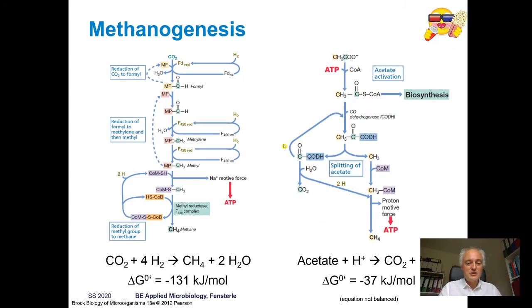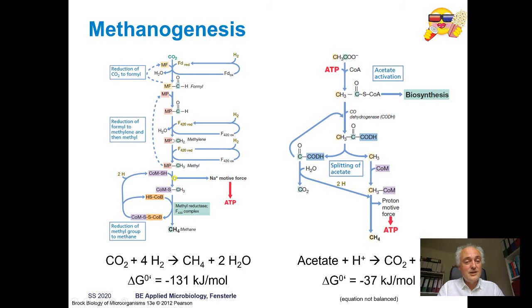This process is very special because, as you remember from our basic microbiology lecture, it only happens in archaea. Bacteria cannot do that. So you start with carbon dioxide, you end up with methane, and of course you have a couple of steps in between, which sometimes use special enzymes, special cofactors, and so on.